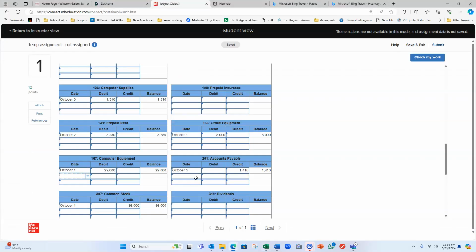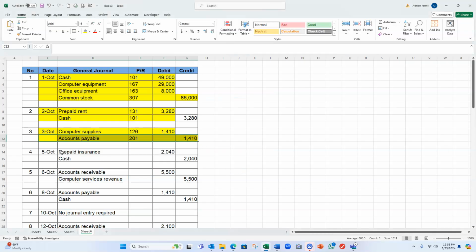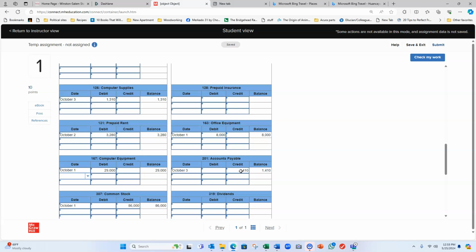Over here in the journal, there's a place to put another post reference column in the ledger, and you would put the page number that the journal entry came from. In this case, G1, General Journal, page 1. Make sure it's a credit. Yep.